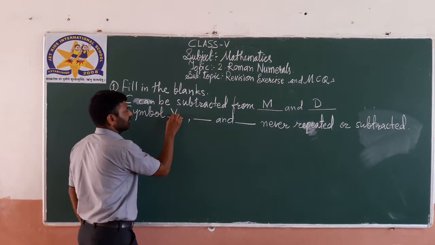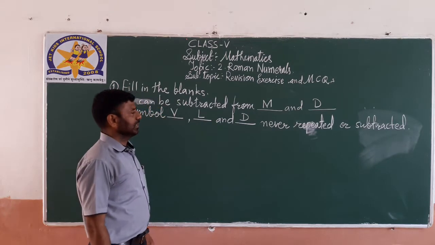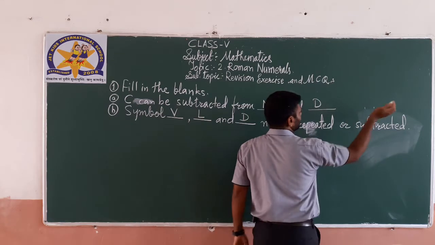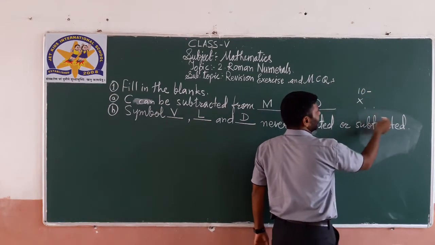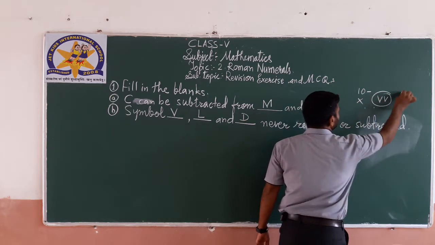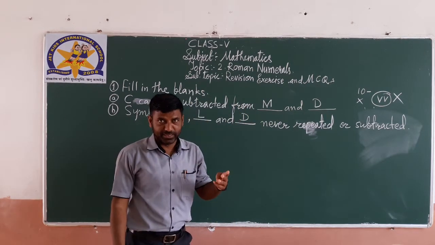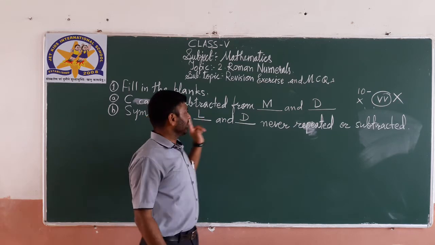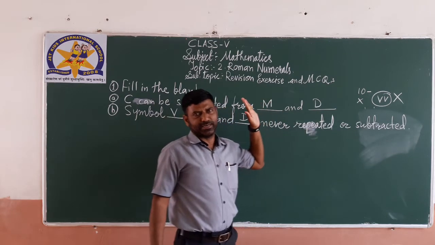See, V, L and D. Are you able to repeat V? Suppose you want to write 10. We have a special symbol for 10. You cannot write V two times or three times. If you want to write 15, you cannot write V plus V plus V. So V can never be repeated or subtracted.